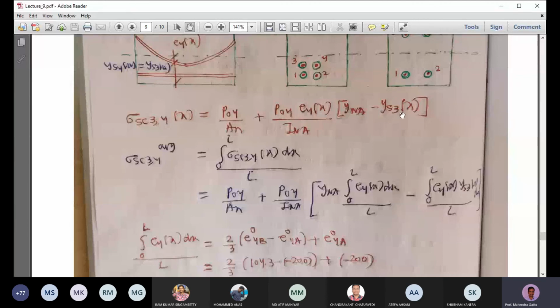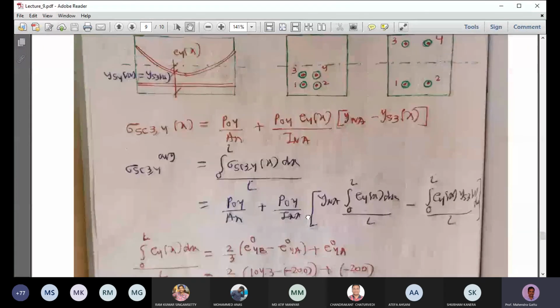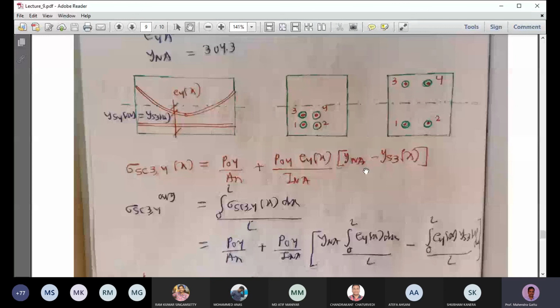So here we can do a simplification. I didn't do it here, meaning in the further analysis I didn't do the simplification. But if you look carefully here, y neutral axis minus ys3 is being given, right? The distance of the neutral axis from the bottom of the beam is y neutral axis, and ys3 is the distance of the cable from the bottom of the beam.